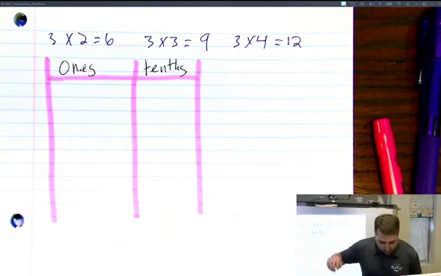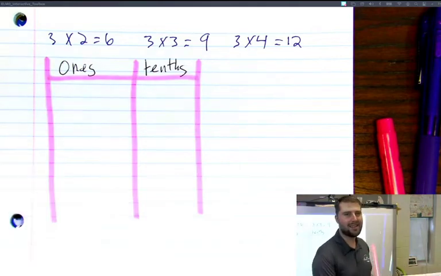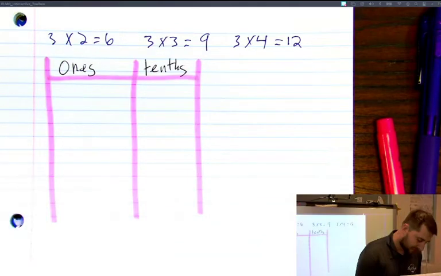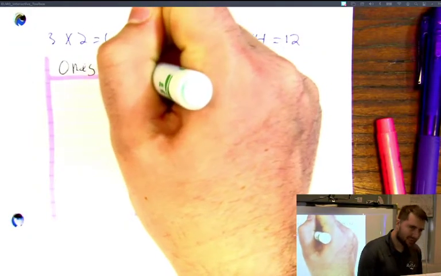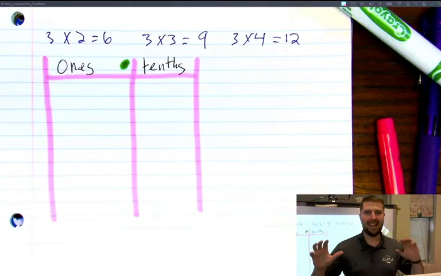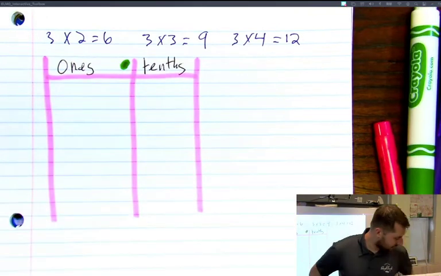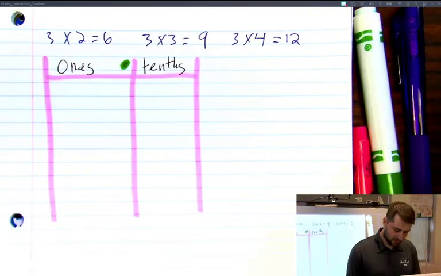Between our ones place and our tenths place, there is always our decimal place, and today our decimal place color is green. So we've got a green decimal place between our ones place and our tenths place.